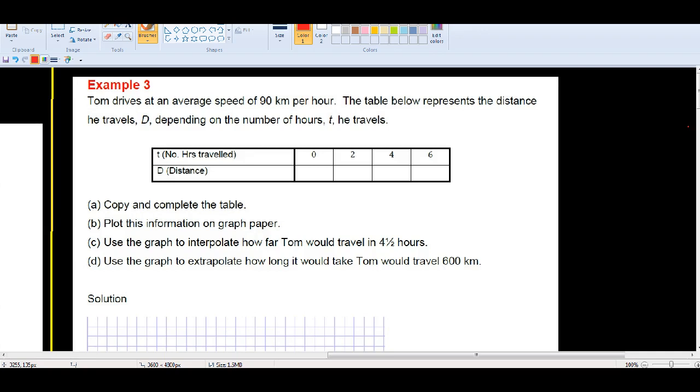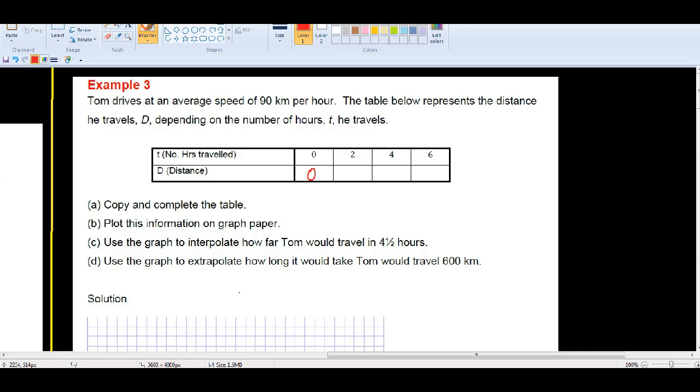Dependent variable depends on independent variable, so hours should be the independent variable, and distance should be the dependent variable. And you know that's 90 km per hour. First you need to complete that table.